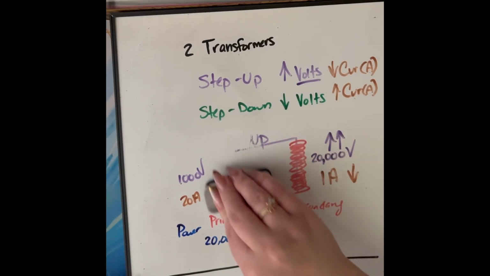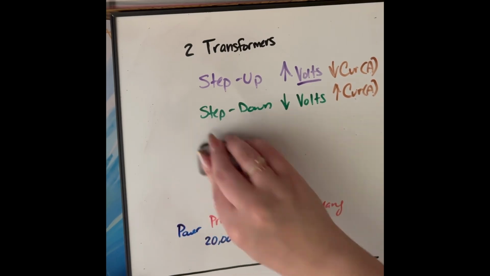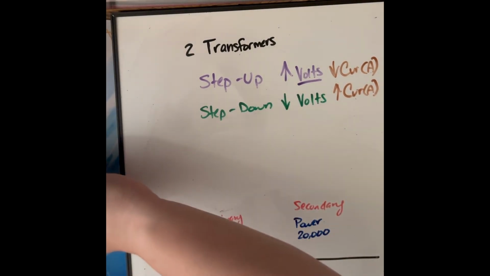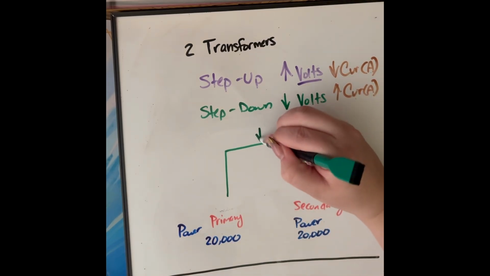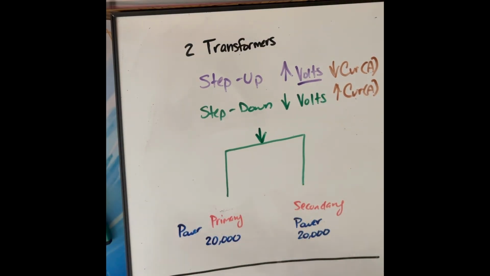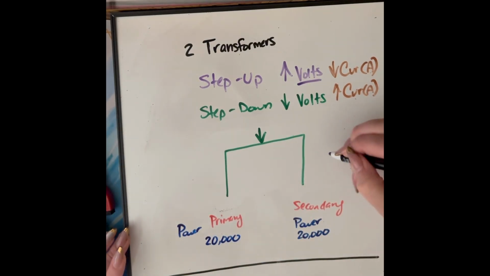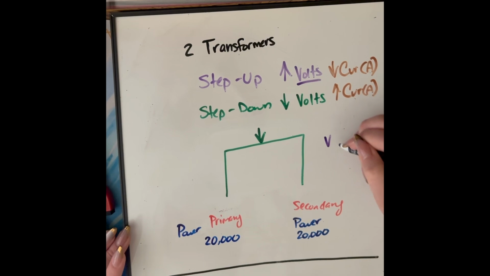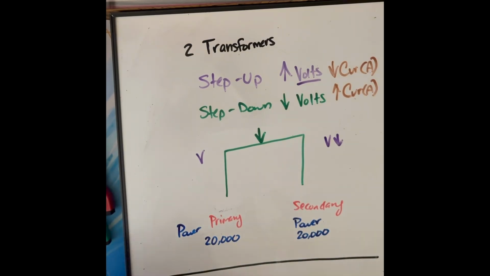Now let's draw a step down transformer. So I'm going to make it green to show us this is now a step down transformer. Our windings. If we're stepping down our voltage, that means my voltage, purple, our voltage on this side, before we even make our windings, is going to go down from our voltage over here.